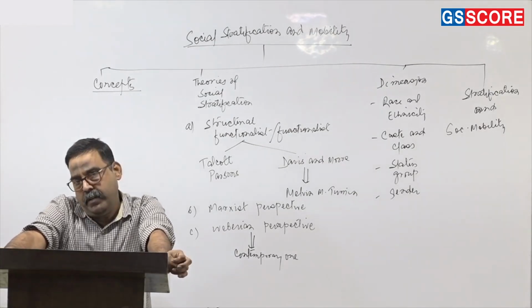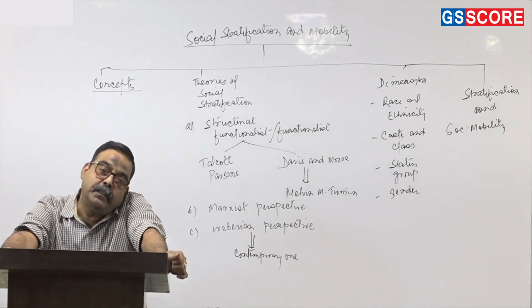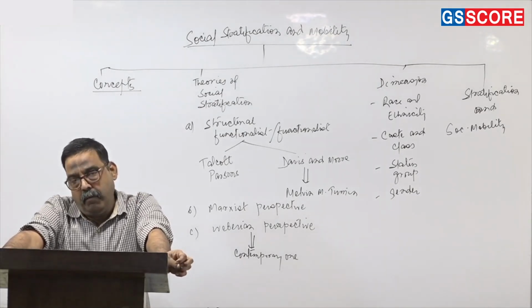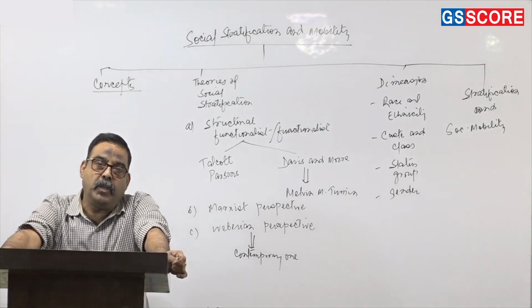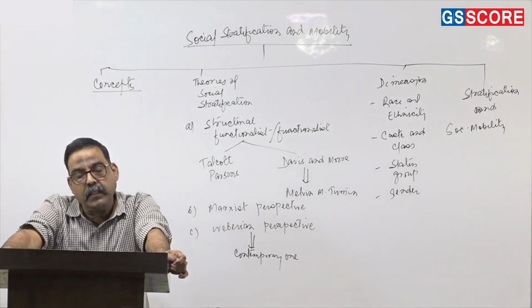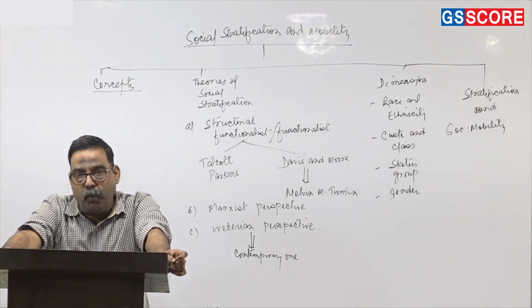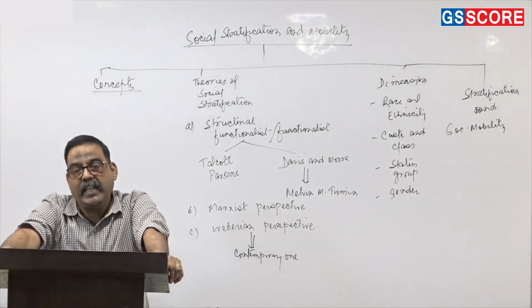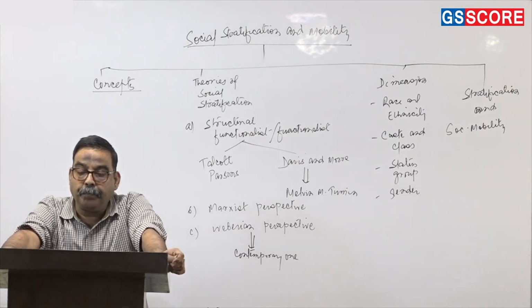Almost everywhere, when we are studying the industrial society, the modern complex society, you find how people have been put into layers. And thus, one of the most analytical units in sociological inquiry has been social stratification.